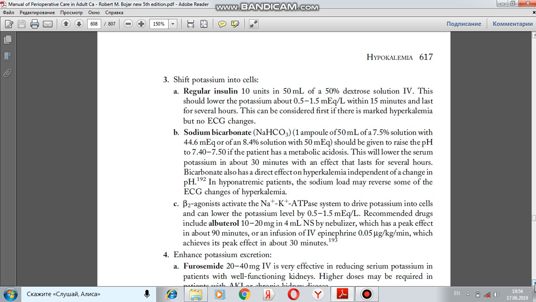This will lower the serum potassium in about 30 minutes with an effect that lasts for several hours. Bicarbonate also has a direct effect on hyperkalemia independent of a change in pH. In hyponatremic patients, the sodium load may reverse some of the ECG change of hyperkalemia.